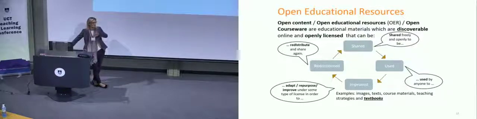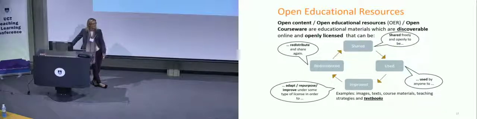So I've talked about open education broadly, and now I'm going to hone in on open educational resources. And these are resources, so open content, open educational resources, teaching materials that are mostly discoverable online, and very importantly, openly licensed. So using that Creative Commons license in most cases.